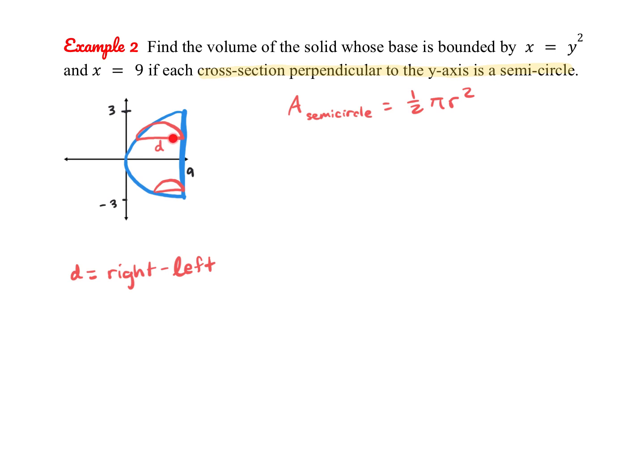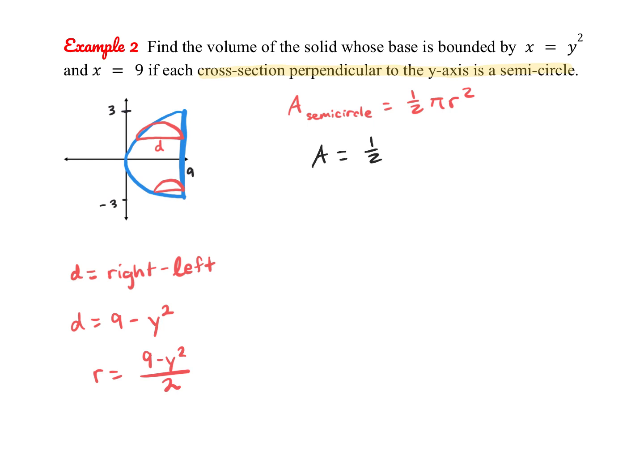Here we do want it to say x equals because it is a horizontal distance. The rightmost function is just x equals 9. The left function is y squared. So if our diameter is 9 minus y squared, our radius is simply 9 minus y squared, all over 2.